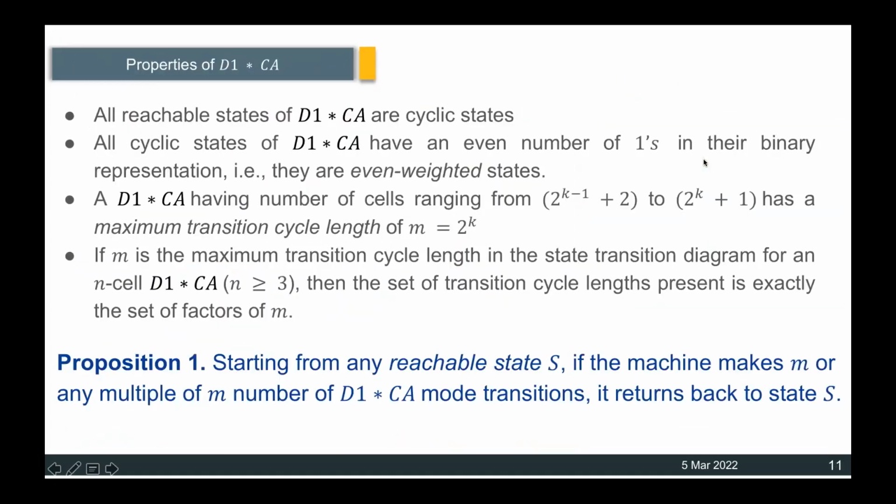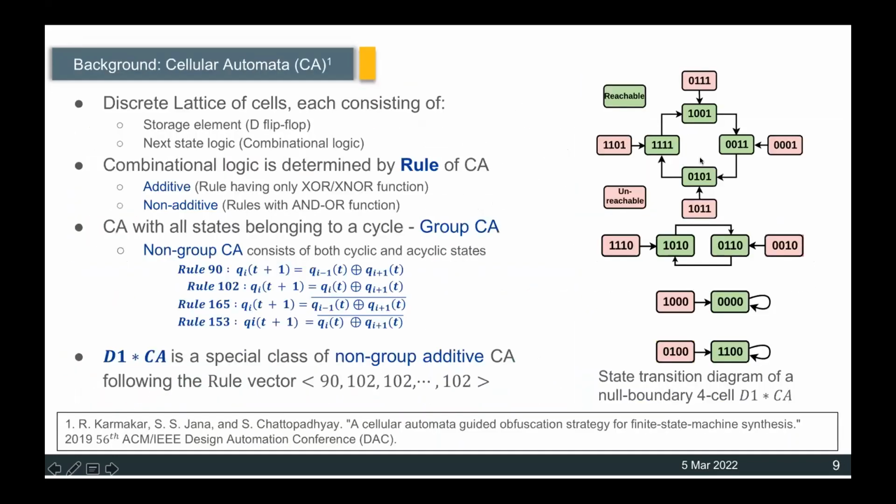Likewise, you can prove that if your number of cells n ranges from 2^k − 1 to 2^(k+1), then there is a maximum transition cycle length of m = 2^k. In our example, this k is 2, and therefore you get a maximum cycle length of m = 4, which you can observe from here.